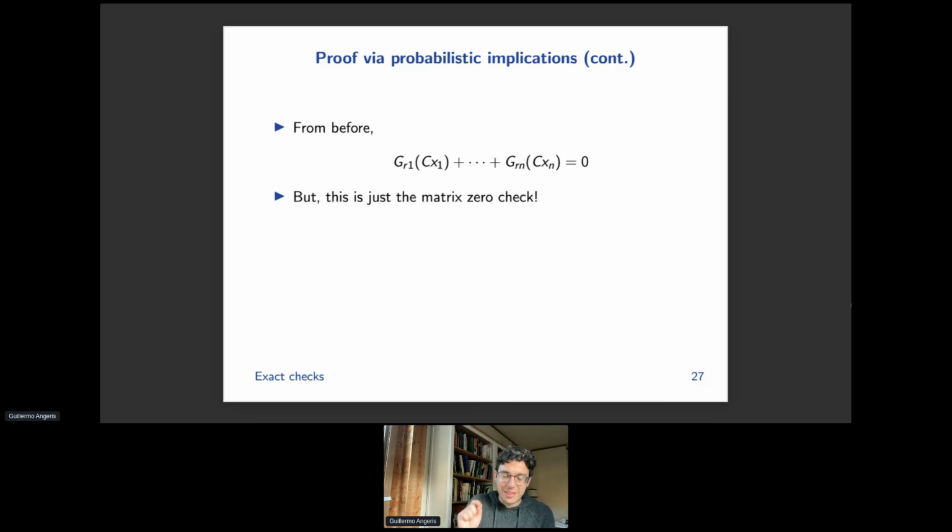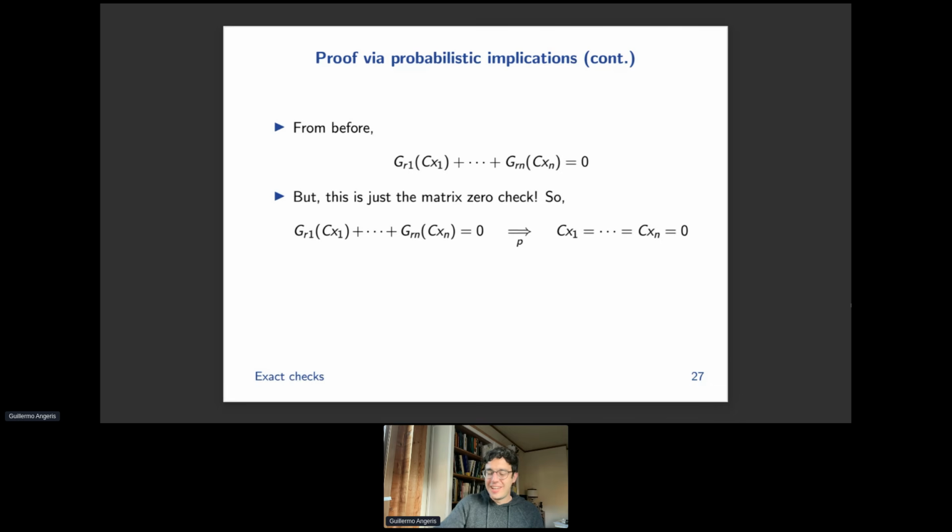What was the matrix 0 check? It said, take a bunch of vectors, take a random linear combination of them using the randomly chosen row of G, and check if that whole thing is equal to 0. If that is true, then we know that each of the individual vectors must themselves have been 0 with high probability, with error at most p.